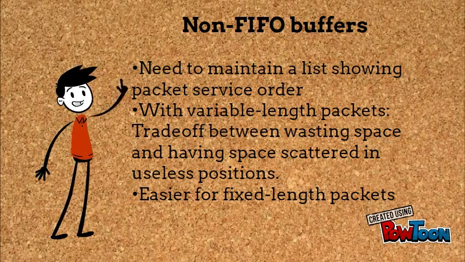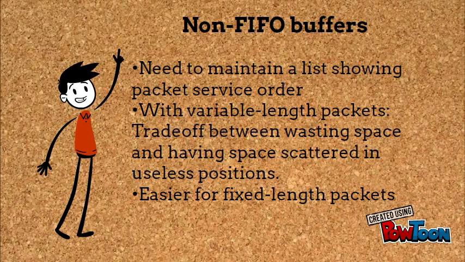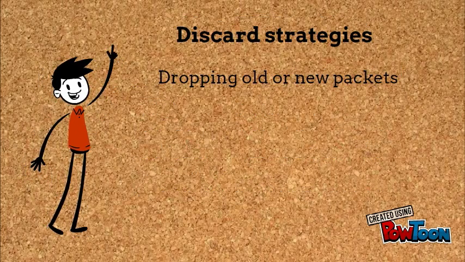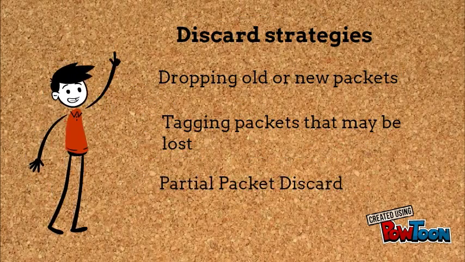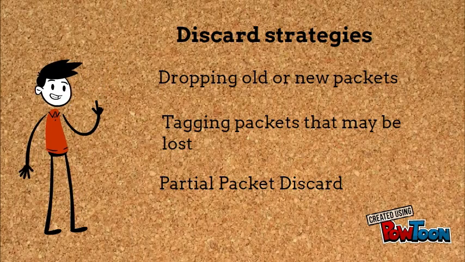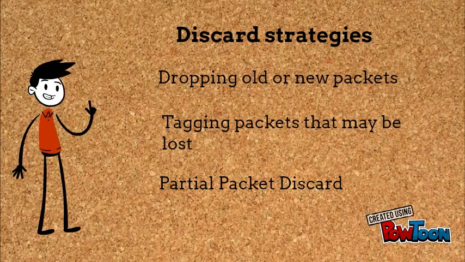It's a trade-off between wasting space and having space scattered in useless positions, but it's easier for fixed length packets. When it comes to discard strategies, we sometimes think about dropping old or new packets. We can also tag packets that may be lost, and we can also use a partial packet discard strategy.